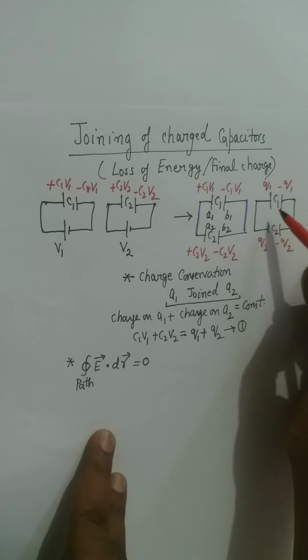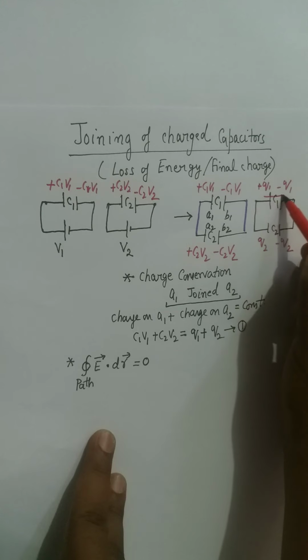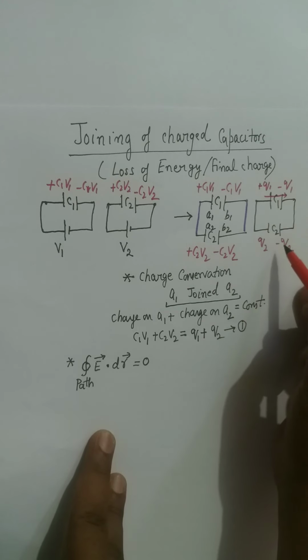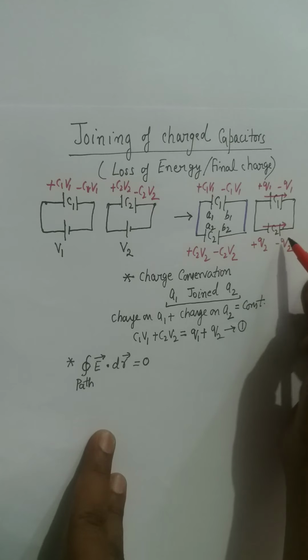So this is my closed path. Electric field in capacitor 1 will be from plus to minus, so this is the direction of the electric field from positive to negative. And electric field in capacitor 2 will be in this direction, from positive to negative.